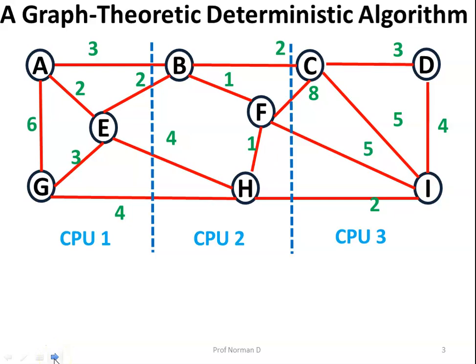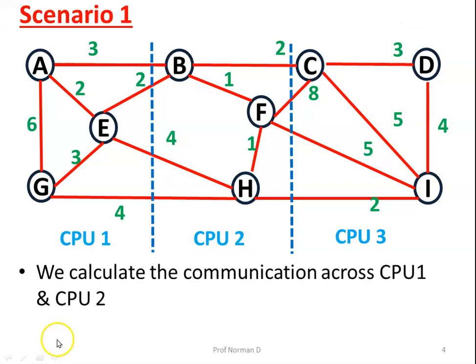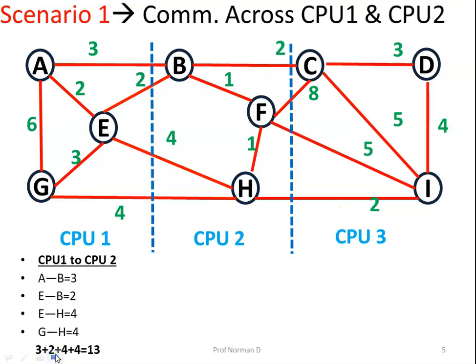We'll try to understand this algorithm in 2 different scenarios, scenario 1 and scenario 2. In this scenario, we'll try to find out what is the communication load between CPU 1 and CPU 2, and then CPU 2 and CPU 3. Now how do we calculate the communication across CPU 1 and CPU 2?